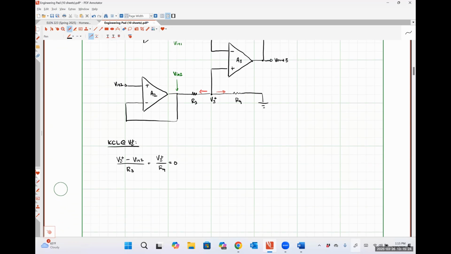So if I pulled out my common factor of V3 plus, I would have V3 plus multiplied by (1 over R3 plus 1 over R4) is equal to VN2 over R3. When I divide both sides by 1 over R3 plus 1 over R4, what does that look like?